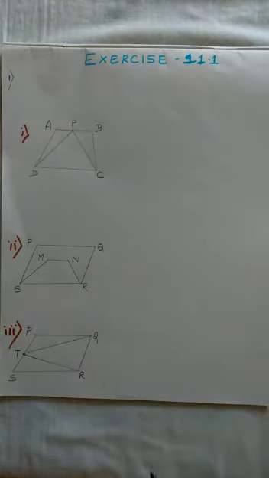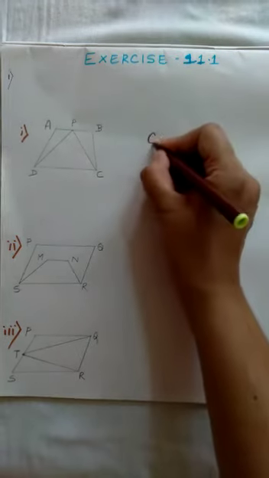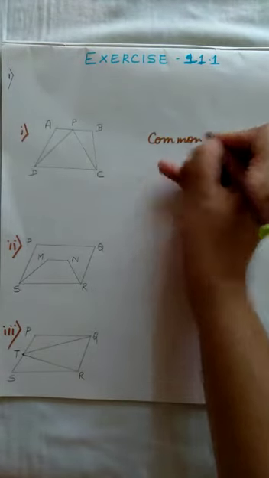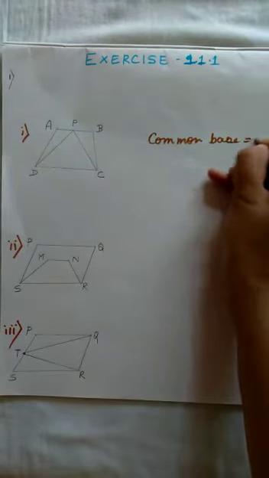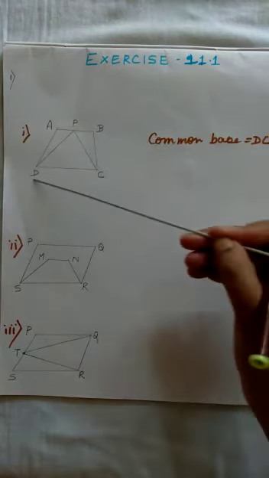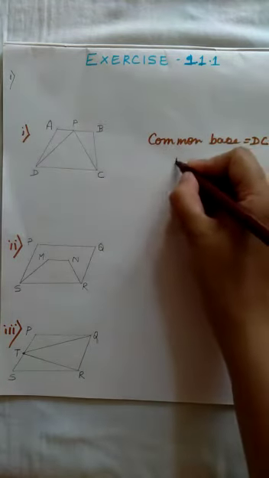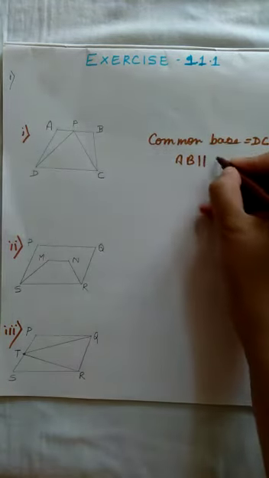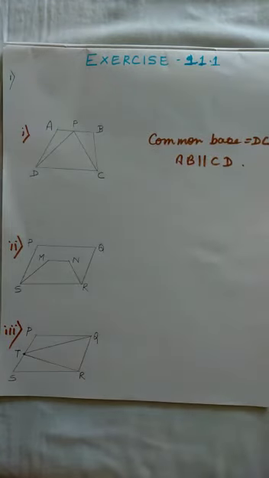Both the figures have the common base equal to DC, and both the figures are between the parallels AB and CD. It can be written as AB parallel to CD.